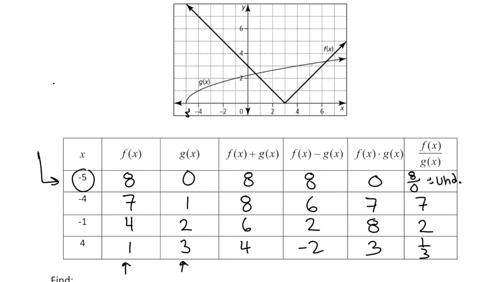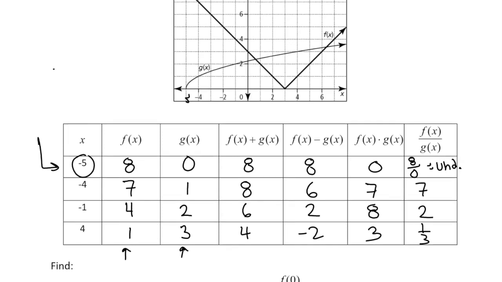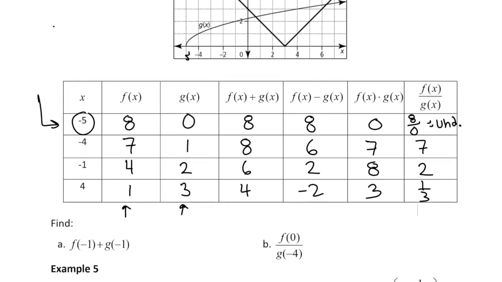Okay, based off of this, let's take a look at the next parts here. They could say something like this: what would be f of -1 plus g of -1? So f of -1, we actually have solved for already. We could look at it right here. And g of -1, we have that right here. If you wanted to add them together, we've actually already done that, and that produced an answer of 6.